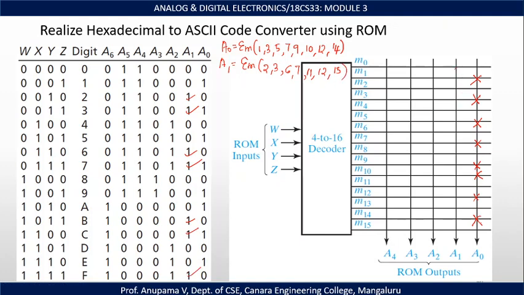Now let us implement it using ROM. So cross mark against M2, M3, M6, M7, M11, M12 and M15 of A1.